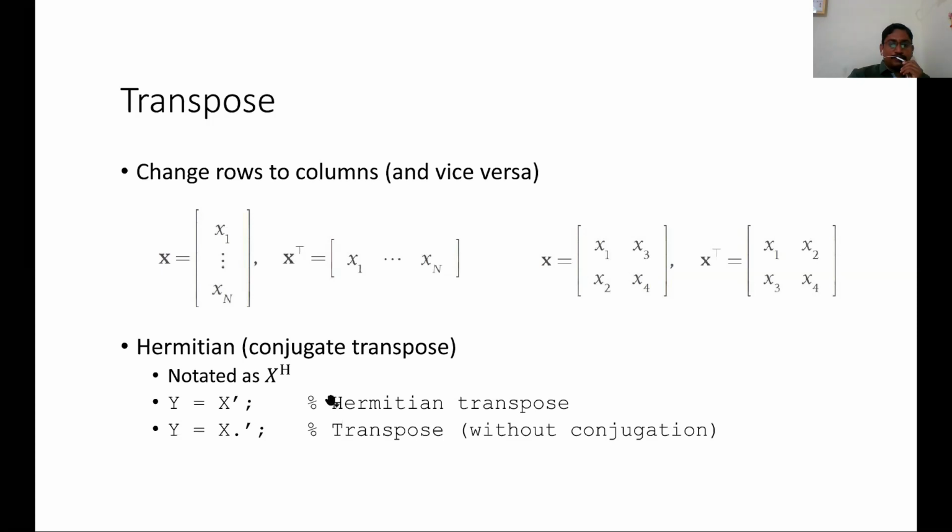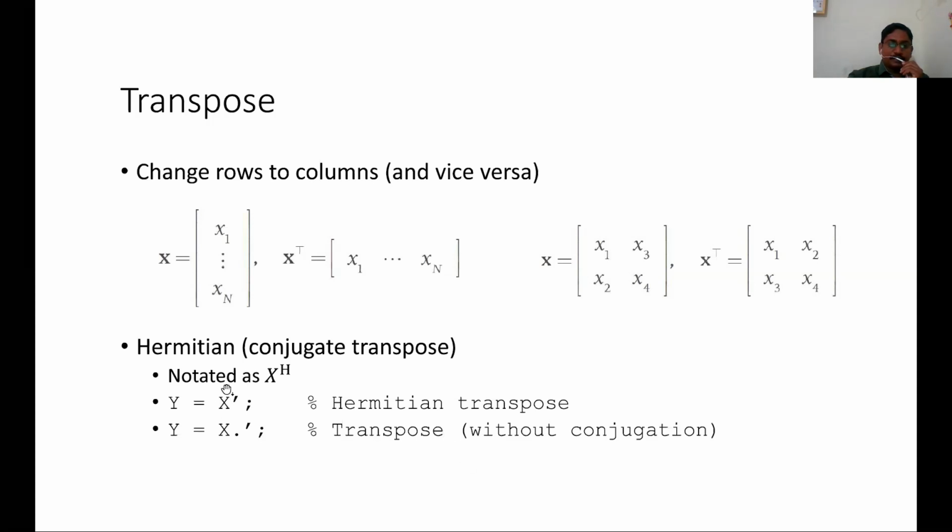So there are two types of transpose. Hermitian transpose means you need to take the conjugate transpose of each entry. It is done just by x dash. You just type y equal to the input, and then type x dash. It gives the Hermitian transpose. The semicolon is mentioned here for not displaying the output, and dot dash means it is without conjugation.